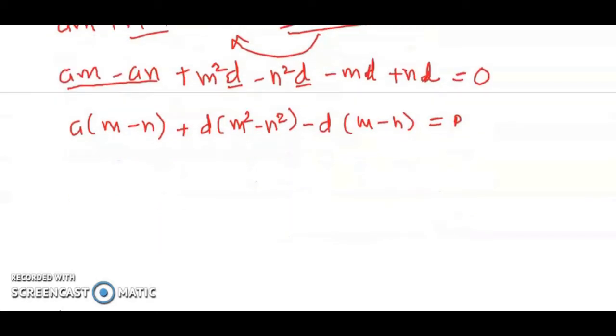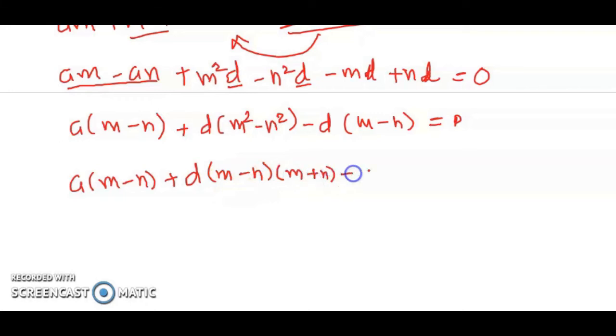Now here this is a into the bracket m minus n. Here this m square minus n square, so if you split this m square minus n square, we can write it m minus n into m plus n minus d into m minus n equal to 0.